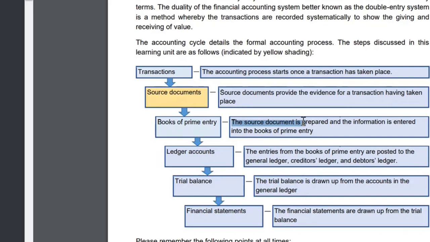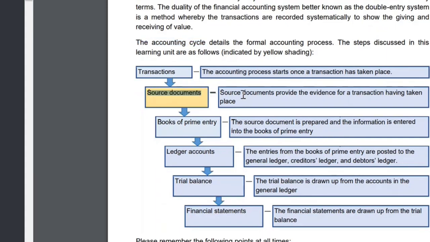So can you see what the books of first entry is saying? The source document is prepared and the information is entered into the books of first entry. So guys, I want you to understand that when we do the accounting process, we are following the accounting cycle.